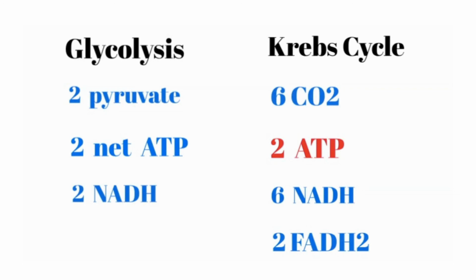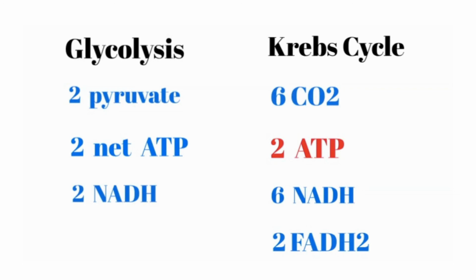We also have 2 NADH produced. NADH is the electron transporter or shuttle that shuttles electrons to the electron transport chain. The Krebs cycle produces 6 NADH molecules and 2 FADH2 molecules. So from glycolysis and the Krebs cycle, how many total NADH molecules are we producing?